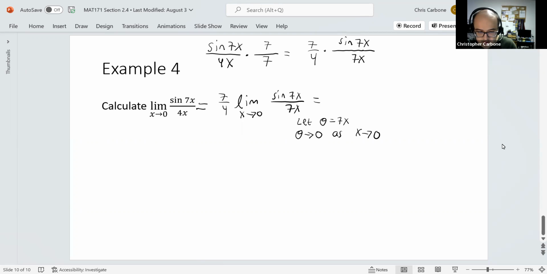So this we could rewrite as just 7/4 times the limit as theta approaches 0 of the sine of theta divided by theta. And that would just give us 7/4 times 1 from that last slide. So that being just 7/4.